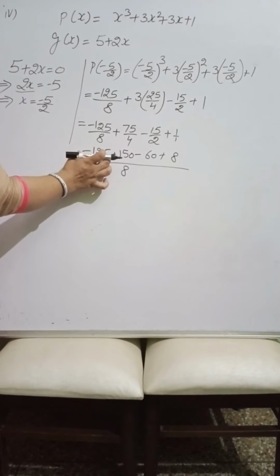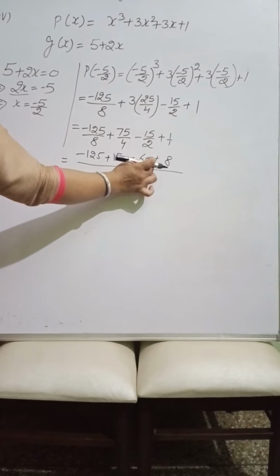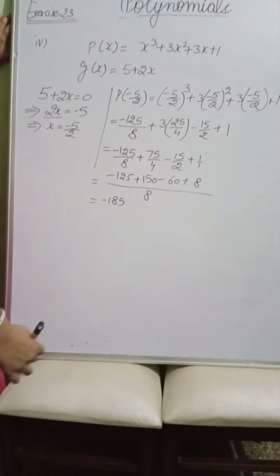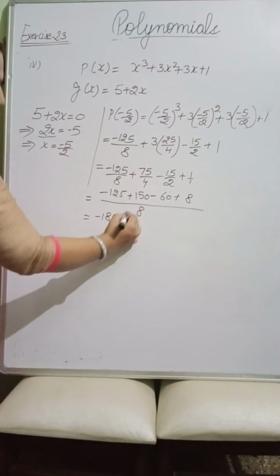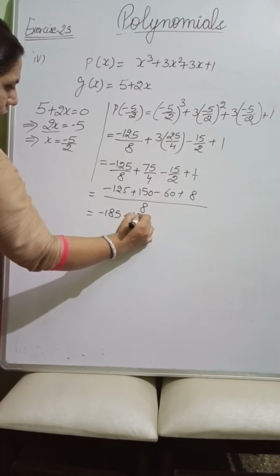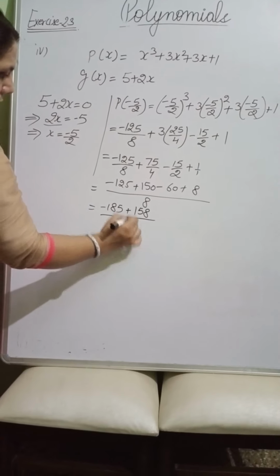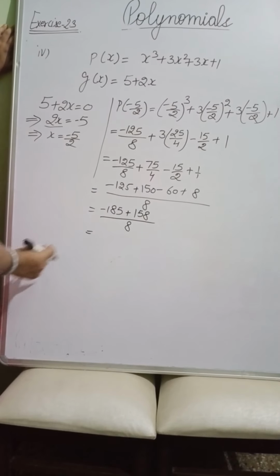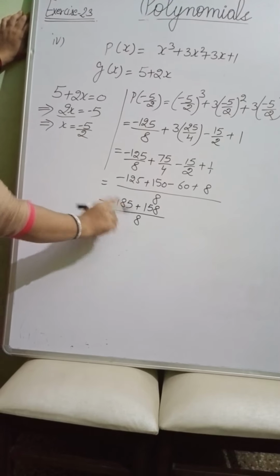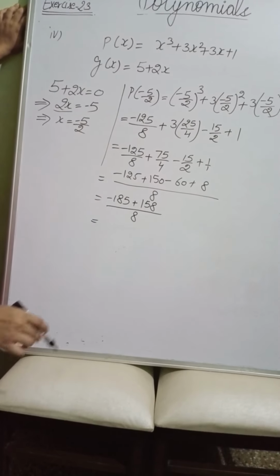Firstly, I am combining these two terms, minus 125 and minus 60. So what am I getting? Minus 185. After that, combine these two plus terms. These are 158, divided by 8. Here you can see, students, we have the value minus 185 and one value of plus 158.